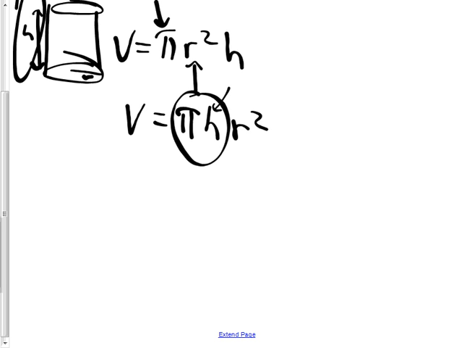So I have to use, instead of this, a placeholder, k r squared. Because pi is a constant, but h isn't a constant, so I have to replace it with k.